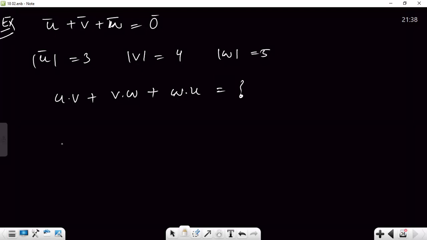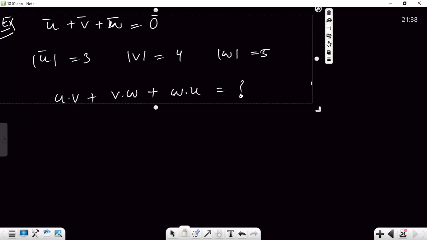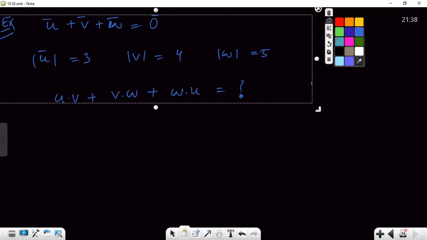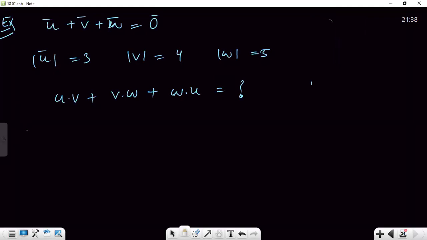Okay, so what is given? What is given is u plus v plus w is equal to 0. And I can remember an algebraic identity here, and I'm going to use it.